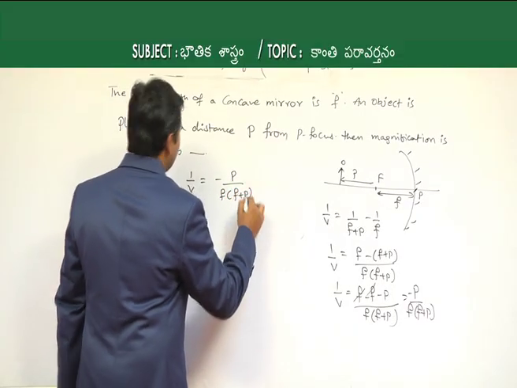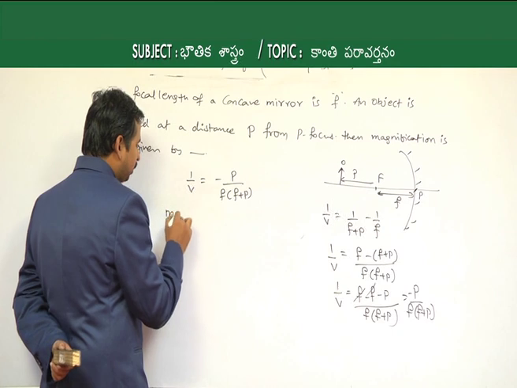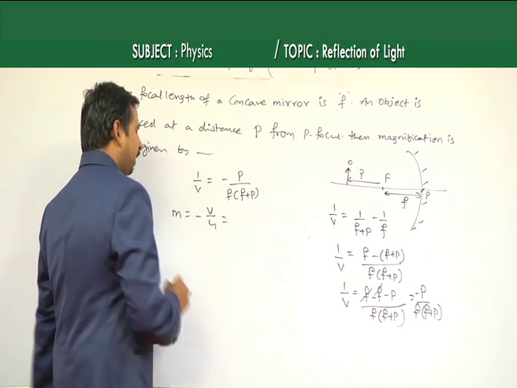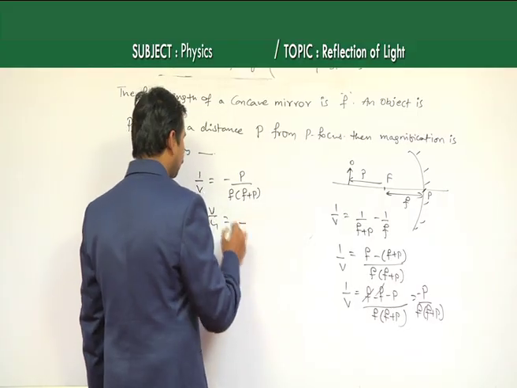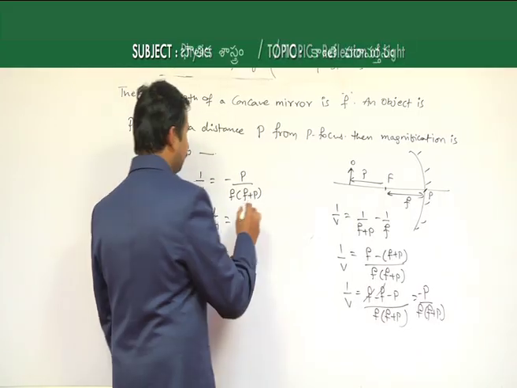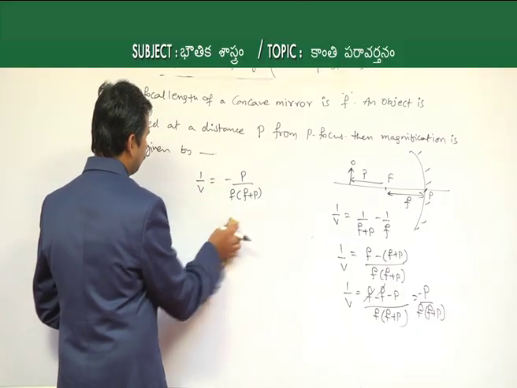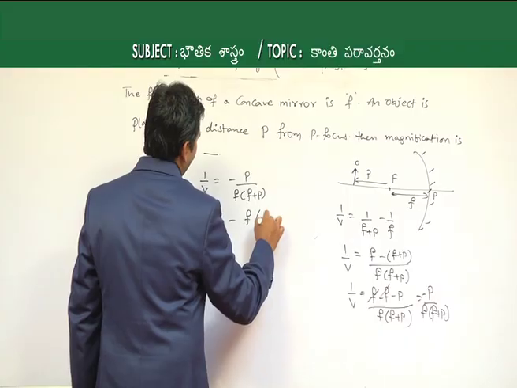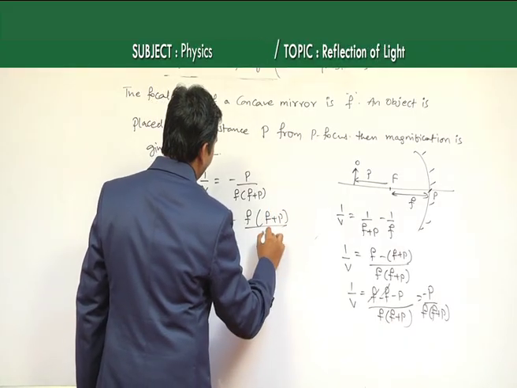Then magnification we know m = -v/u. Here the v value we got, from this we can write v = -f(f + p)/p.